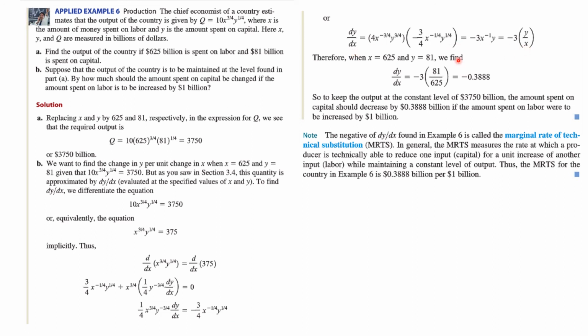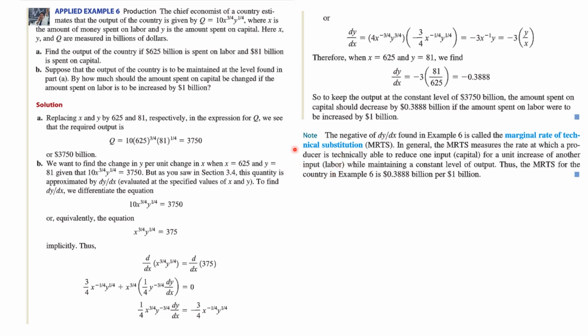And then I substitute the values in. I could have substituted them in earlier, and I get this as an answer. So to keep the output at a constant level, the amount spent on capital should increase by this amount, 0.3888 billion, if the amount on labor were to be increased by 1 billion.